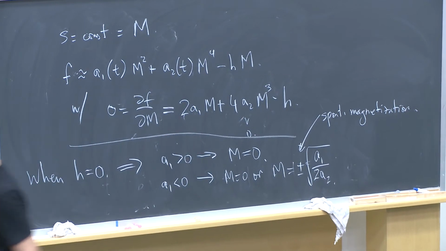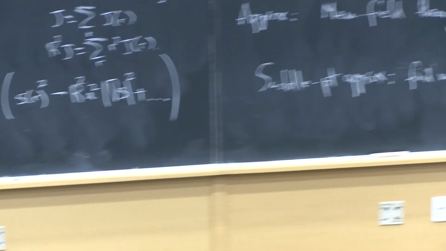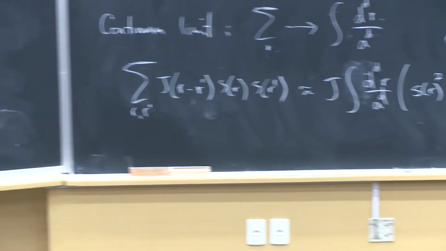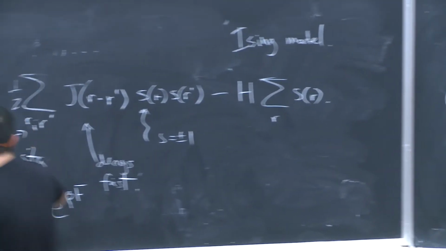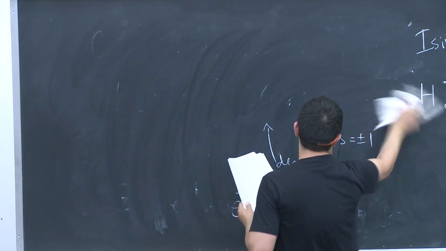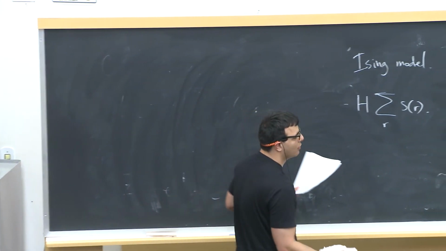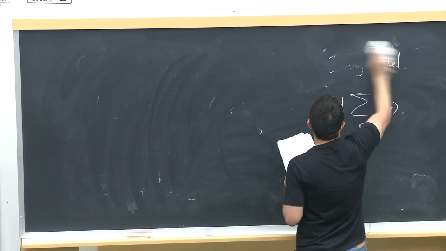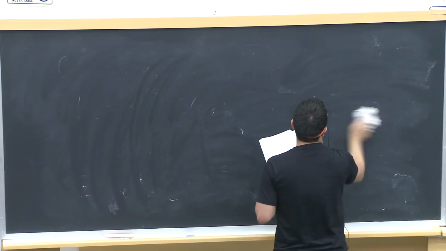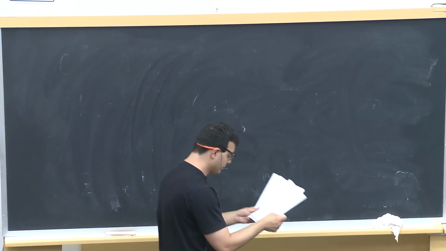So in this model, the critical temperature, remember that little A1 depends on the temperature. So that means that right at the critical point, A1 is equal to 0, because that's where the transition between having no solutions or having one solution and more than one solution occurs.